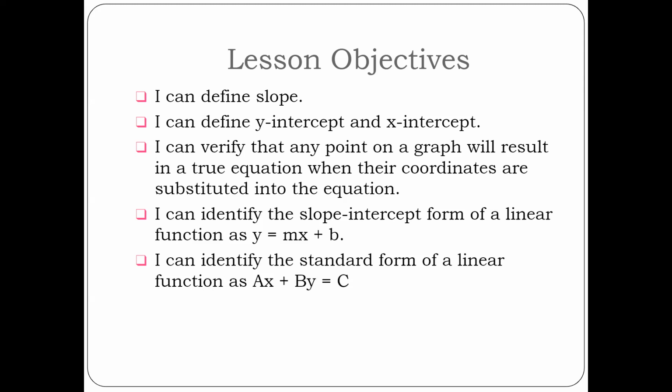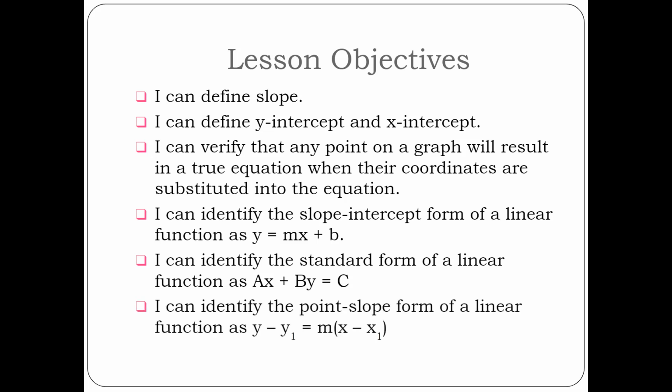Because standard form doesn't give you what you need to graph, but it can be converted to slope-intercept by solving it for y. You're going to move that Ax term to the right-hand side, then you're going to divide everything by B. Move and divide. The third form is called point-slope.